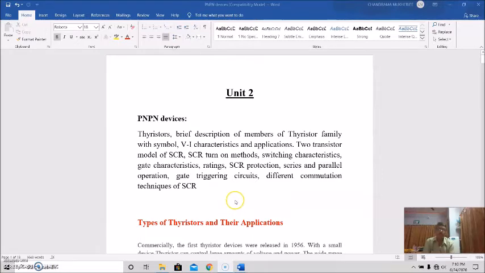So we have already almost covered everything, except gate triggering circuits and series and parallel operation of SCRs. So today we'll discuss first the series and parallel operation of SCRs.